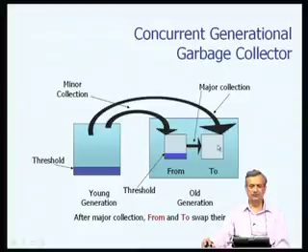Now the roles are reversed: the 2 half space becomes from space, and the from space becomes the 2 space. All the long living objects from 2 are now transferred to from, and this entire 2 is freed. From now on all the allocation for older objects happens on this 2 space. So, this is how the concurrent garbage collector really works.